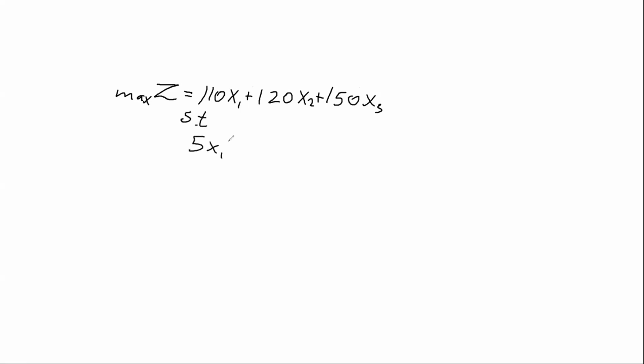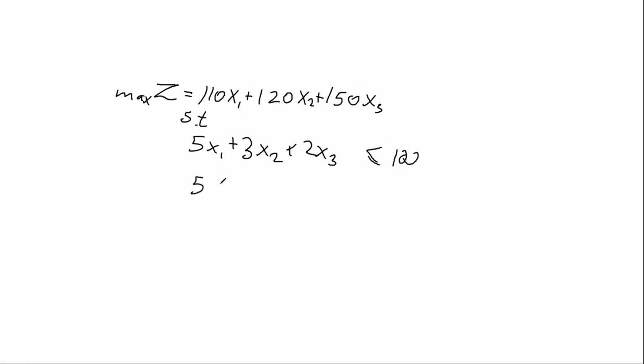So the original problem is maximization of z equals 110 x1 plus 120 x2 plus 150 x3, subject to 5x1 plus 3x2 plus 2x3 less or equal to 100.